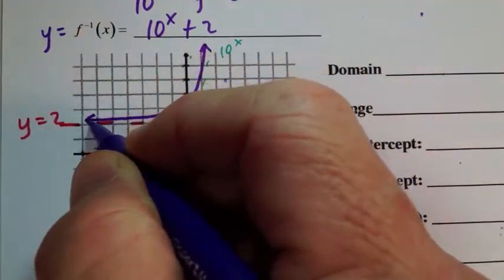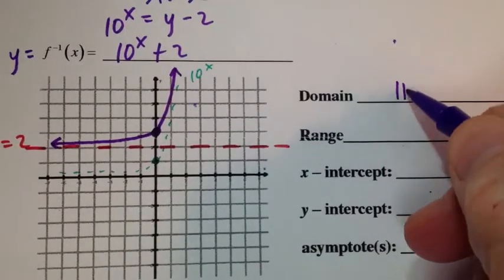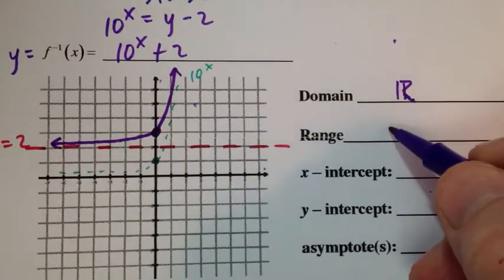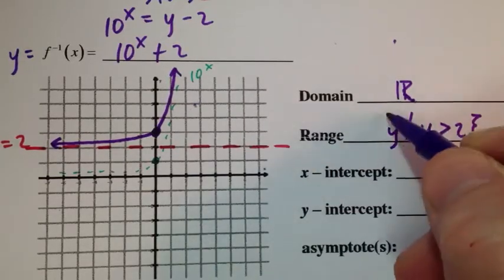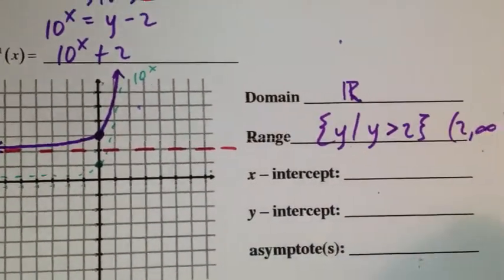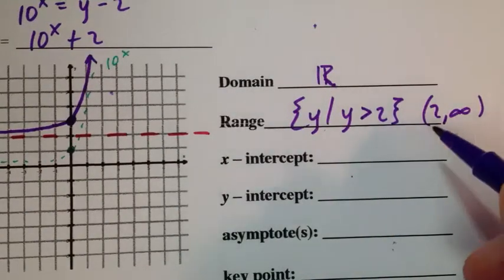And there you go. y equals 10 to the x plus 2, which would have a domain of all real numbers. So we reverse the domain and range for these functions. The range is all y values such that y is greater than 2, or you can just write 2 to infinity, not including 2, and not including infinity. It just keeps getting higher.